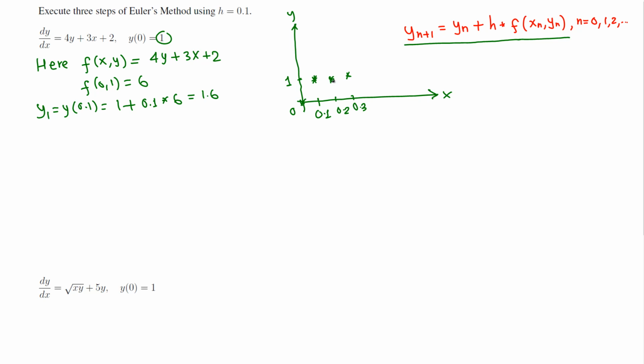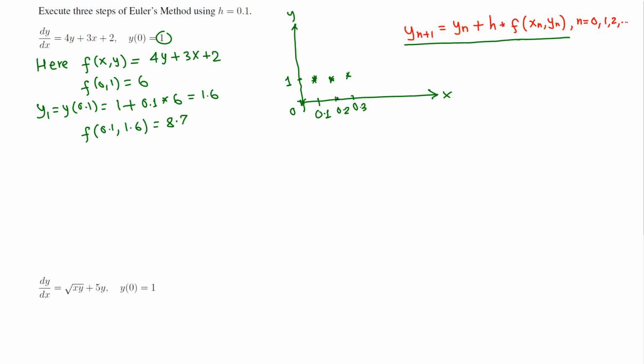Now to find the next, y at 0.2, we have to repeat this procedure. Let's evaluate the slope at the new point. x is 0.1, y is 1.6. So the function value is 4 times 1.6 plus 3 times 0.1 plus 2, and using a calculator you get 8.7.